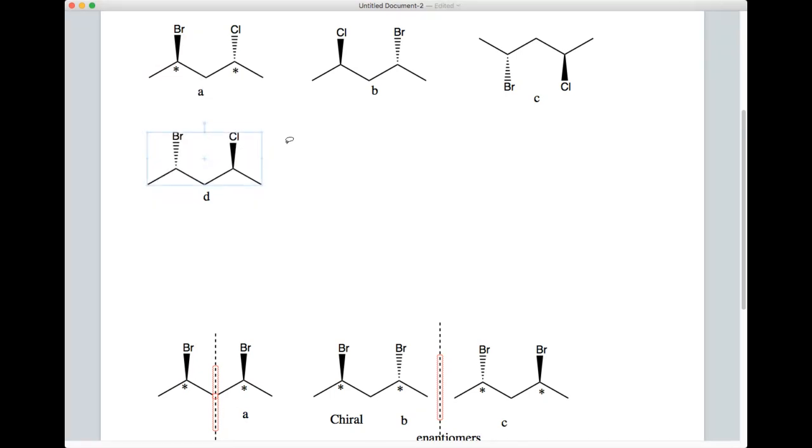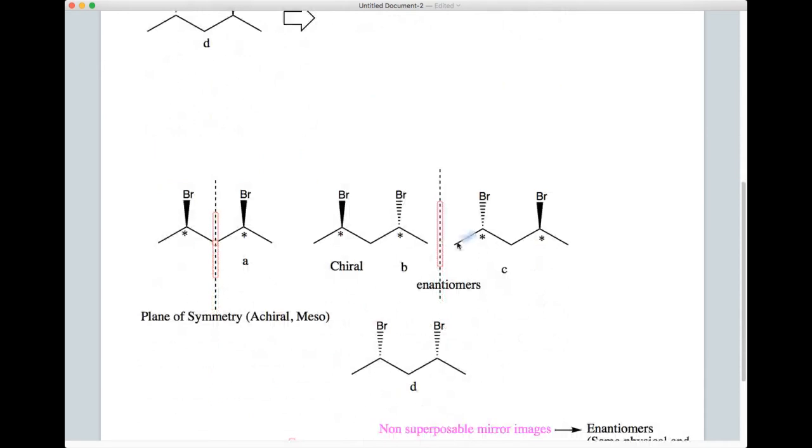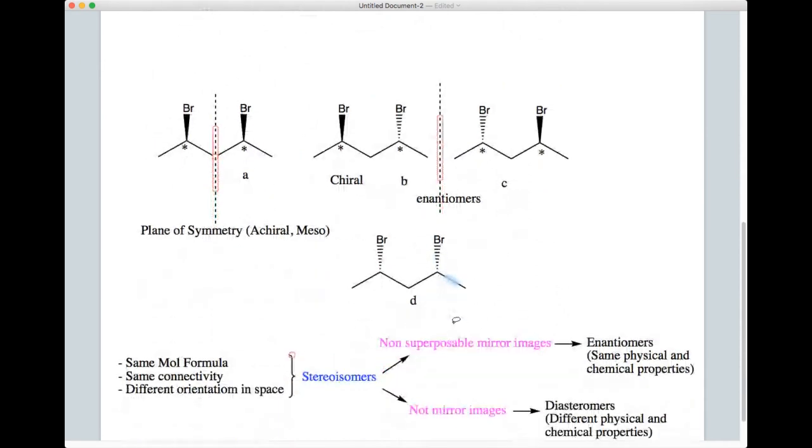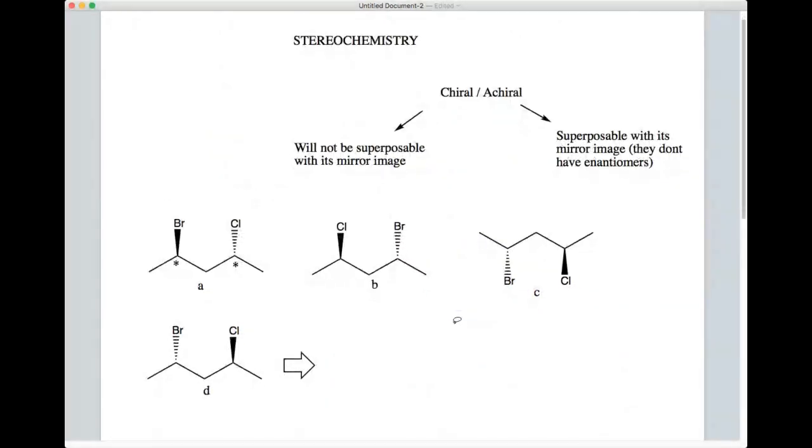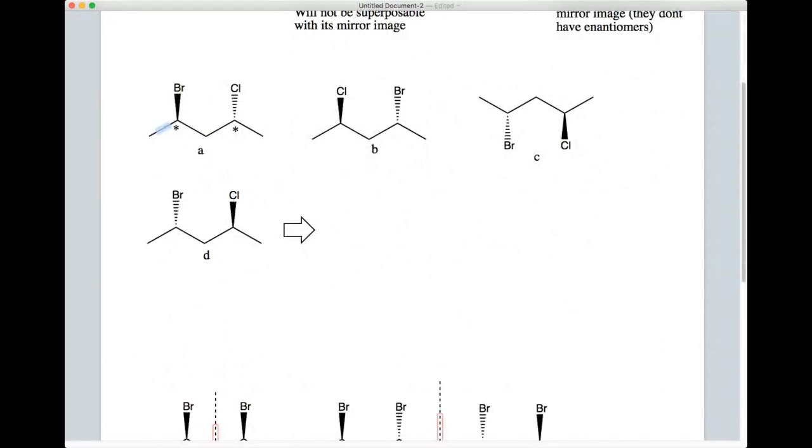You could also do the following. You can rotate this, and I'm going to do it for those who might have a problem. I'm going to do a 180 degrees horizontal flip in case you guys need to see that. If I do a 180 horizontal flip, the carbon chain is going to be this, right? And then the chlorine is going to be at this position.